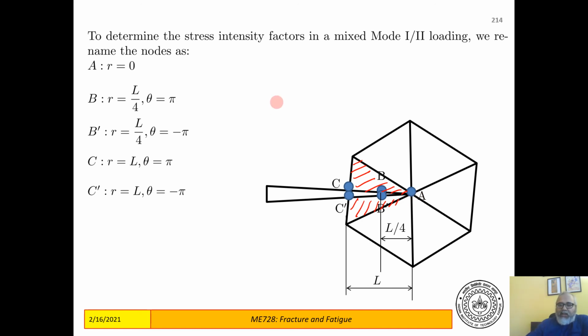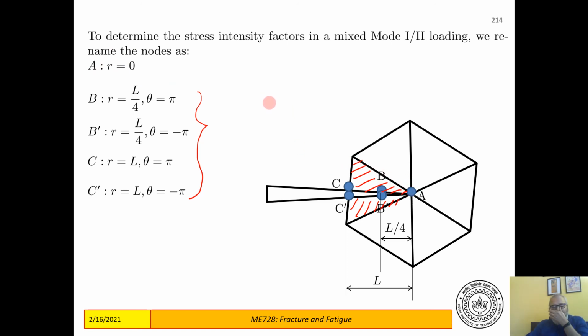So we are concerned with nodes C, B, and A, and C prime, B prime, and A prime, which lie on the upper face and the lower face of the crack. So we are interested in these coordinates. A and A prime are the same, so both are at r equal to 0, exactly at the crack tip.